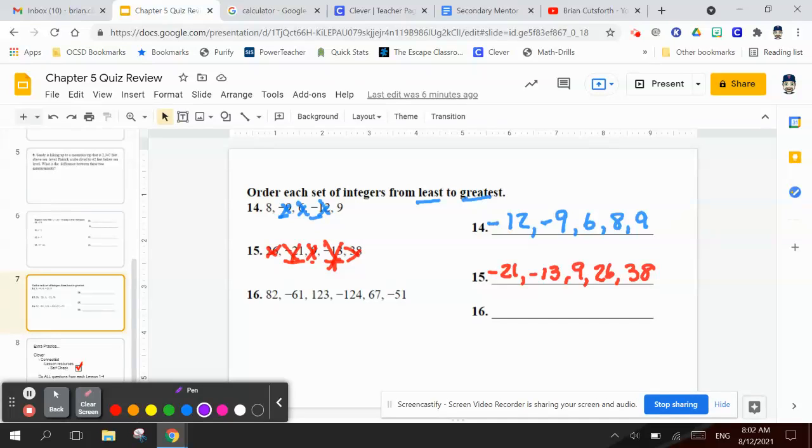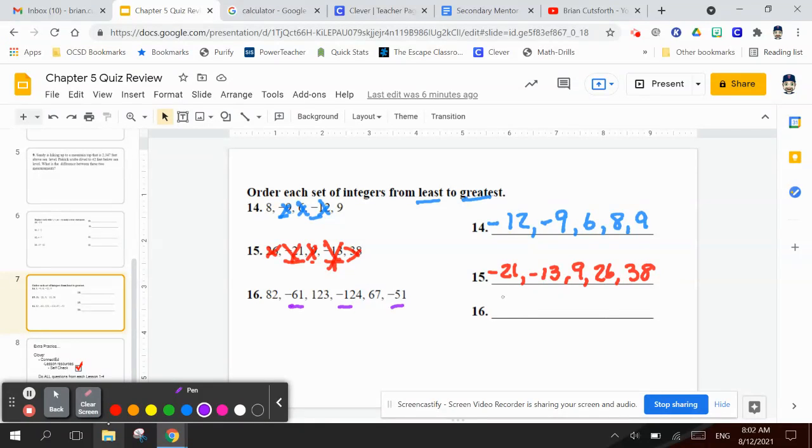And the last one, again, we look at our negative numbers. Which of those three negative numbers is closest to 0? 61, 124, or 51? Negative 51 is closest to 0. Oops, I got to go back. So that means it's the largest.